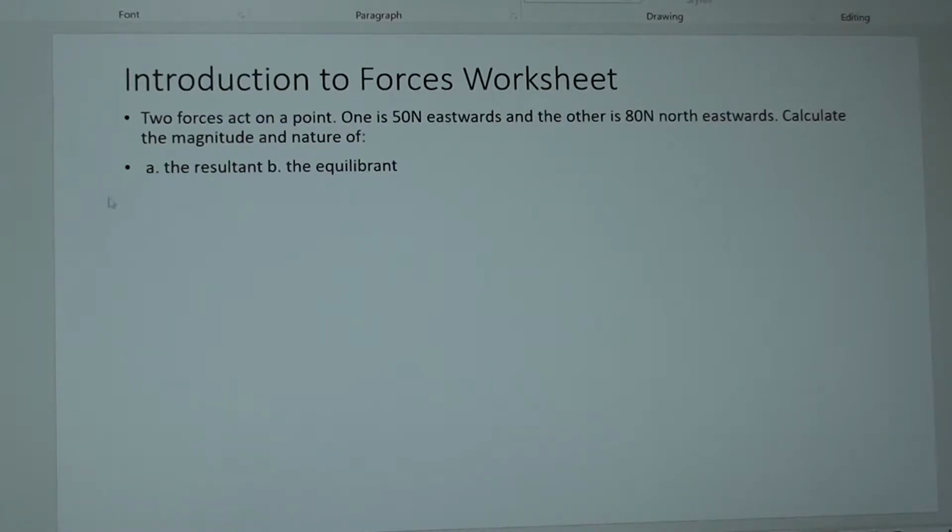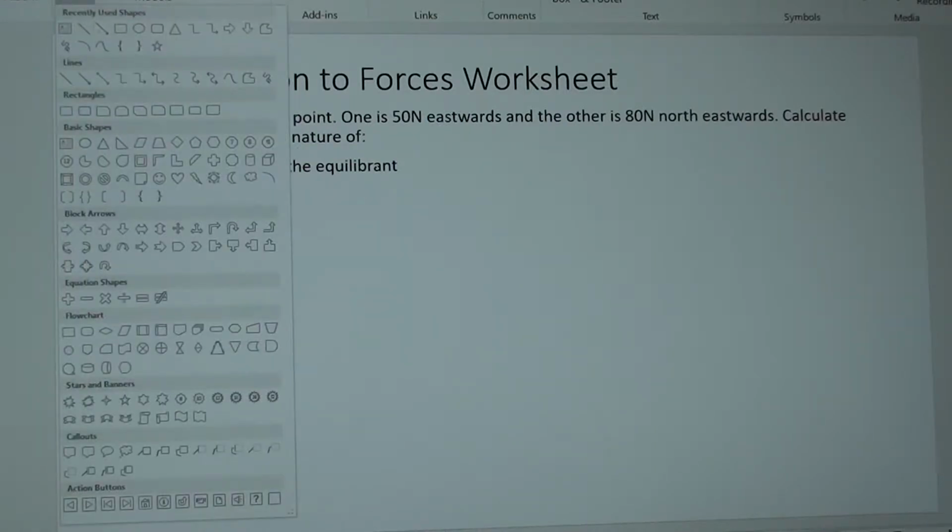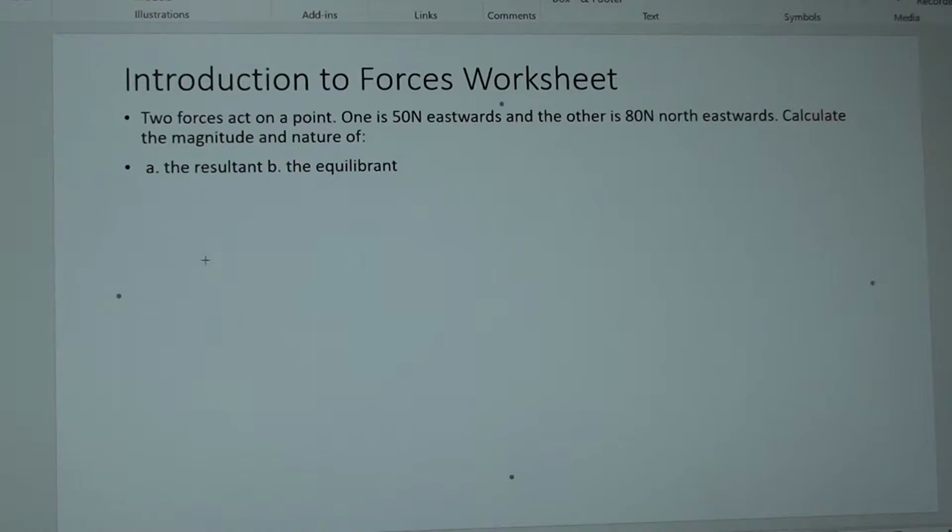One is 50 newtons east and the other one is 80 newtons. So, very simply, this will explain to you. If I try to sketch it simply, this is my first force with a value of 50 newtons, and I'm writing the values for it at the moment.